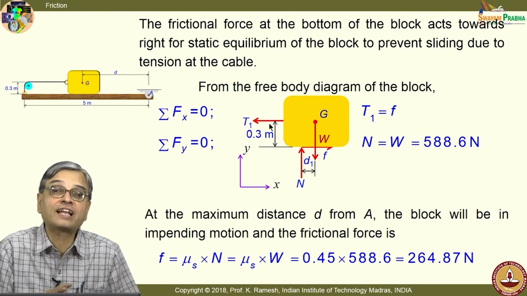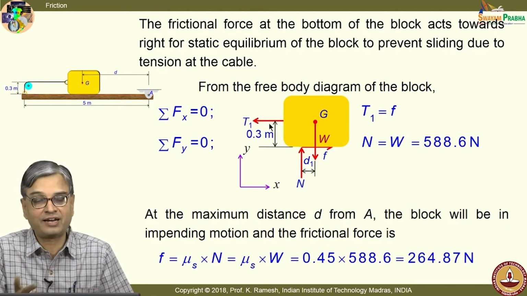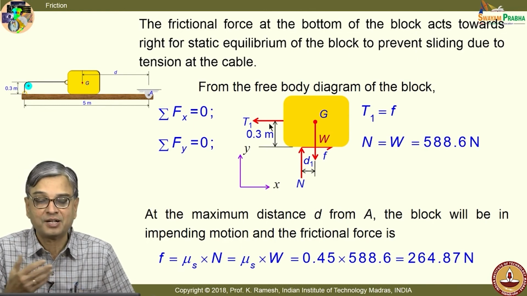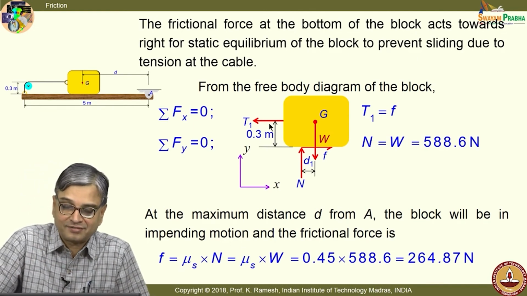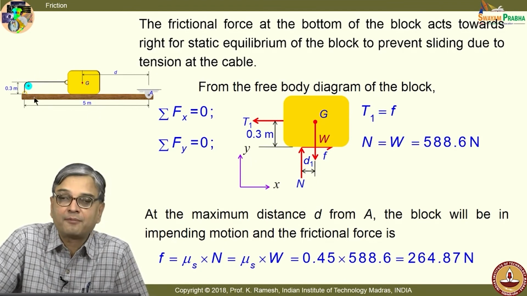Now, you have to recognize which is T1 and T2. I have already written down as T1. Okay. So, you have to recognize which is T1 and T2 when you look at the pulley.